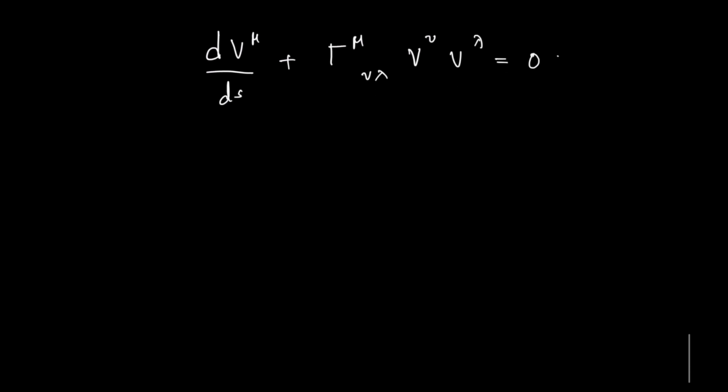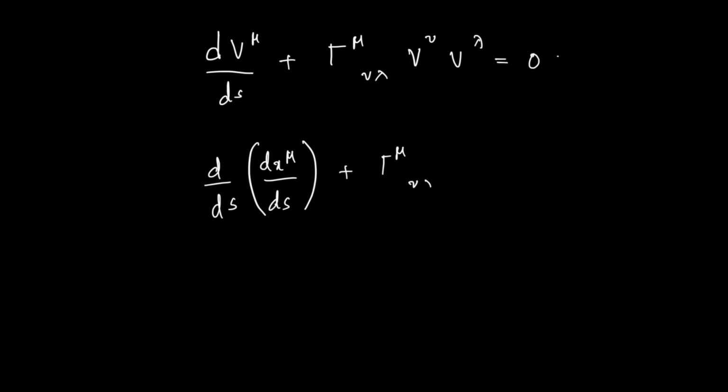Or I can write in another way also. This is d by ds of v mu. V mu is dx mu by ds. Then Christoffel symbol mu nu lambda, v nu is dx nu by ds, v lambda is dx lambda by ds, equal to 0.